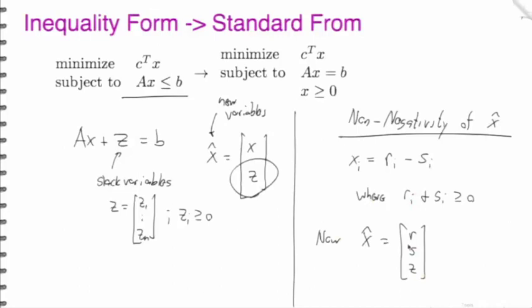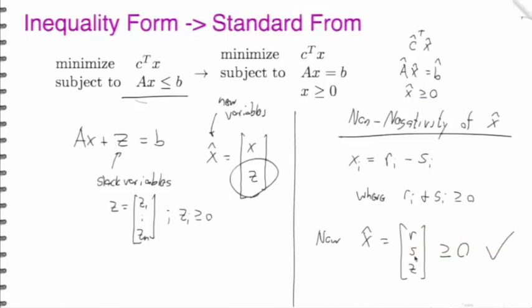Now let's play with it a little bit and turn this form into this form. I'm going to rewrite it as minimize c hat transpose x hat, subject to A hat x hat equal to b hat, so that we don't confuse them with the original c, A, and b. And of course, x hat is greater than or equal to 0. In this case, that is already taken care of. Every one of r, s, and z is greater than or equal to 0, so that part is taken care of.